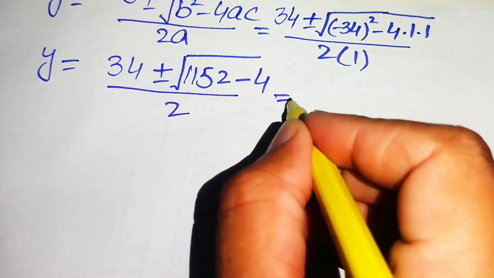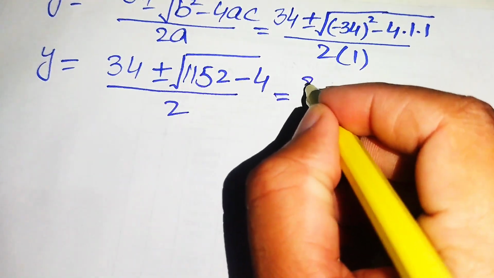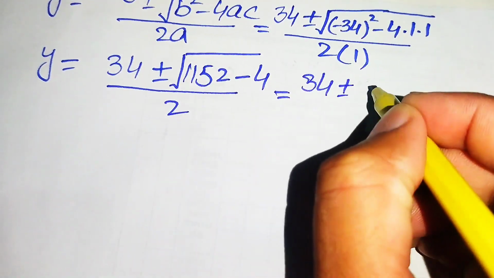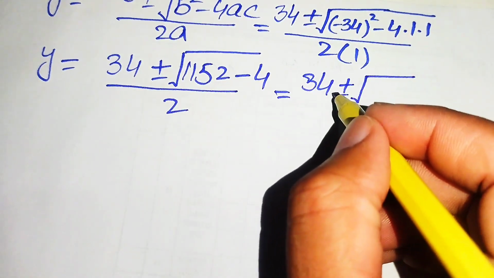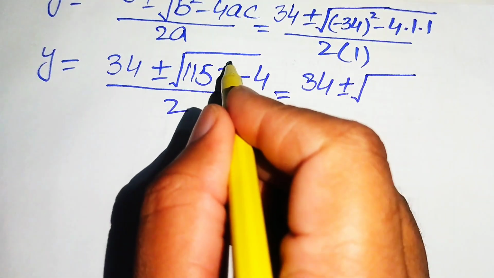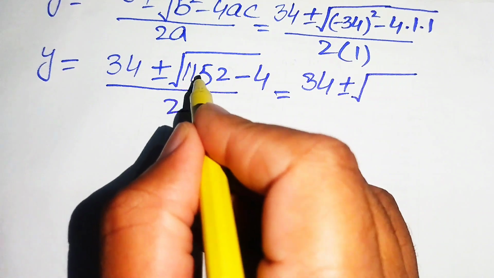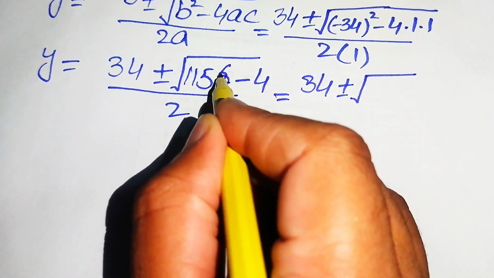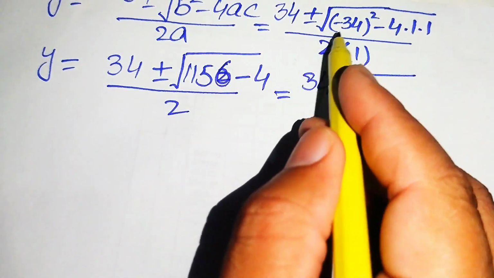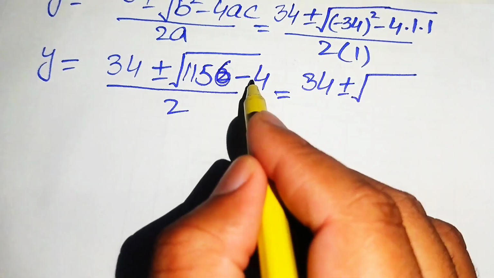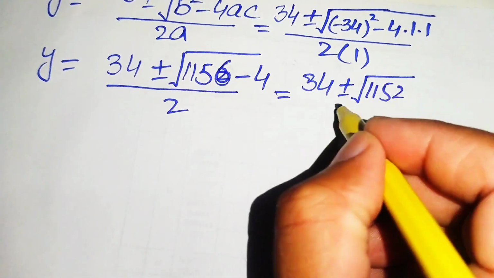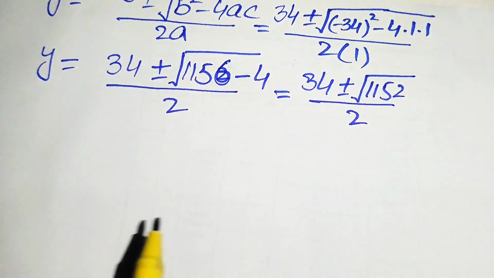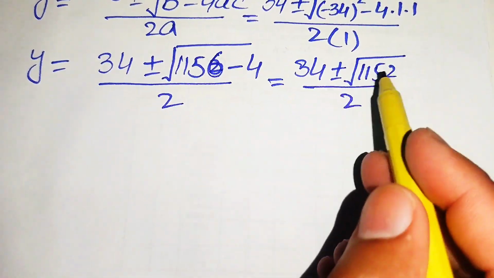When we simplify here, we get 34 plus minus the square root of, sorry, this is 1156. The square of 34 is this one, and when we subtract 4 here, we get 1152, divided by 2. Now we make the prime factors of this term.